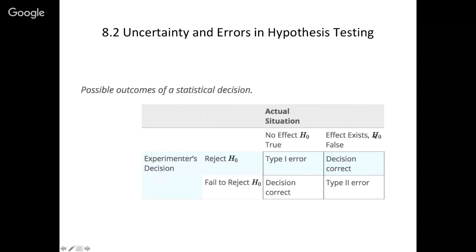But if there is an effect, but we fail to reject the null, meaning we say no, there's no effect, they are not consistent. This situation is the type 2 error. It's hard to memorize which one is type 1 and which one is type 2, but maybe this table will be helpful.